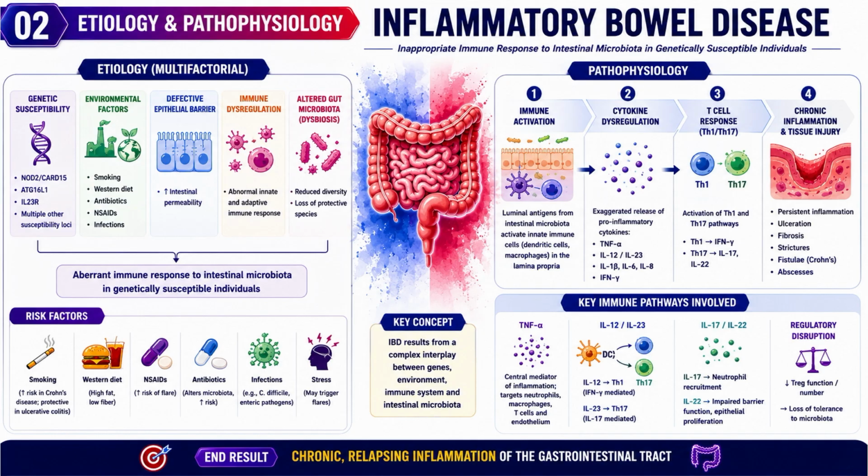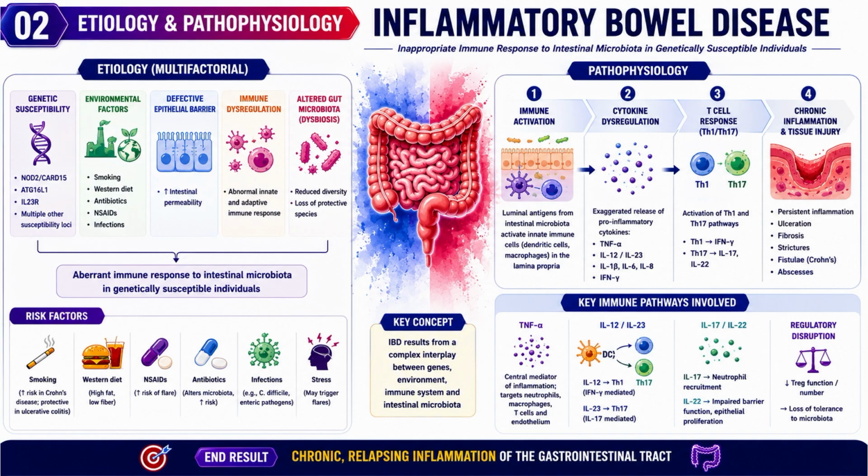In IBD, the intestinal permeability increases, allowing luminal antigens to cross the mucosal barrier. Fourth, immune dysregulation. There is abnormal activation of innate and adaptive immune responses. And finally, altered gut microbiota, also called dysbiosis. There is a reduced bacterial diversity and loss of protective species.